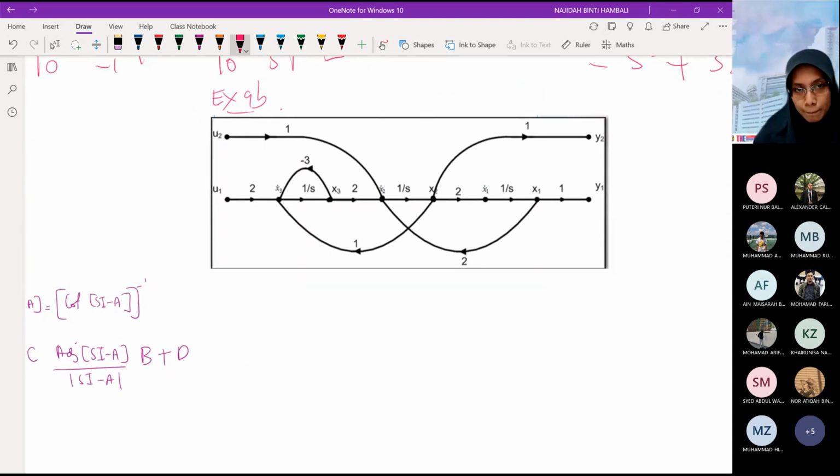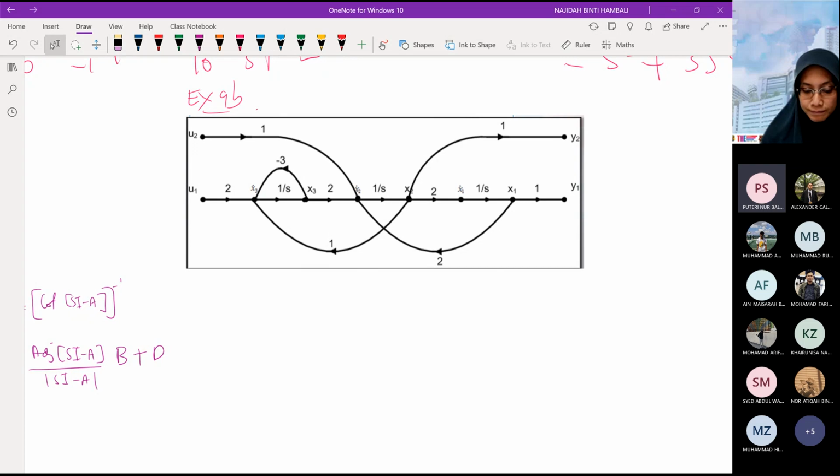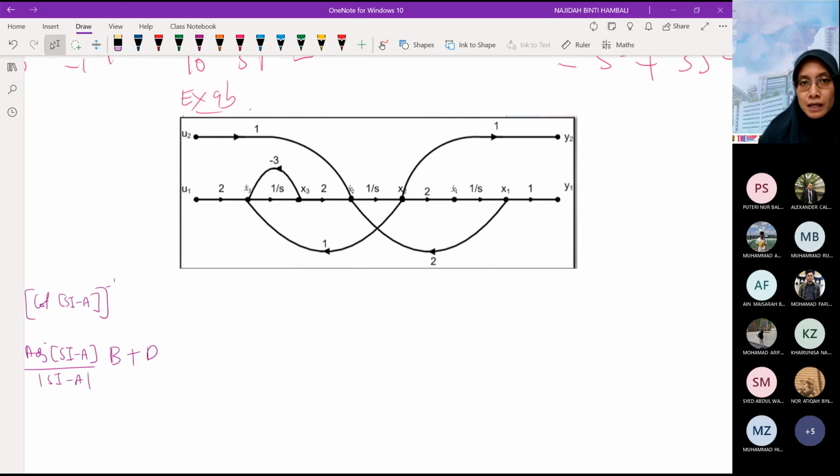You ada MIMO, you ada 2 input, you ada 2 output. Ada idea nak start dari mana? Dari Y1. Very good. Always start from the output. In this case, kita ada 2 output, so Y1 and then Y2. So let's analyze our output Y1.